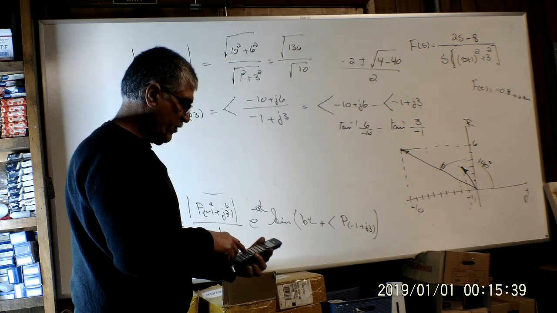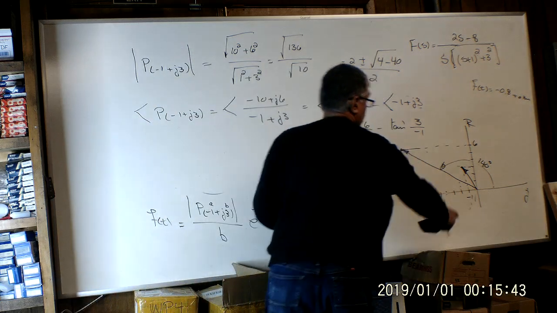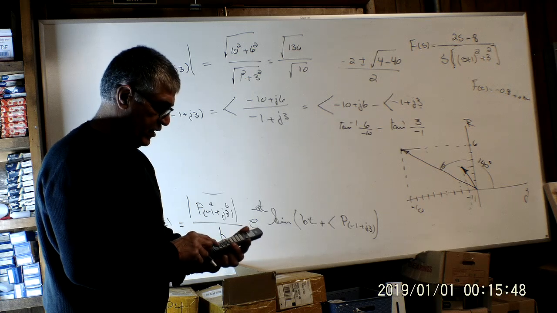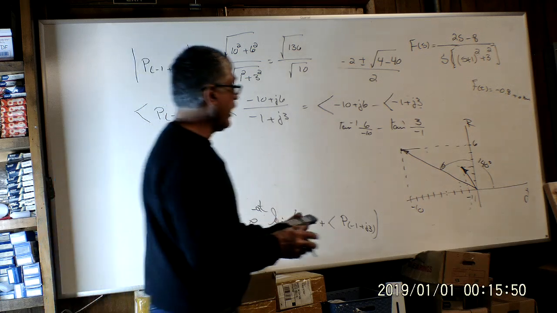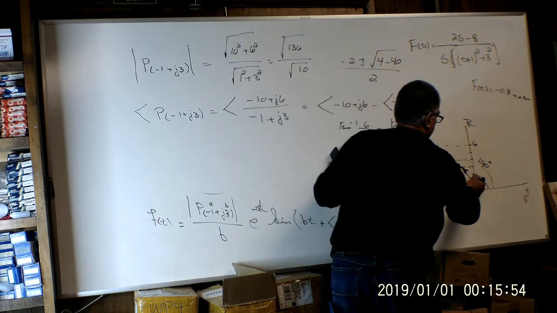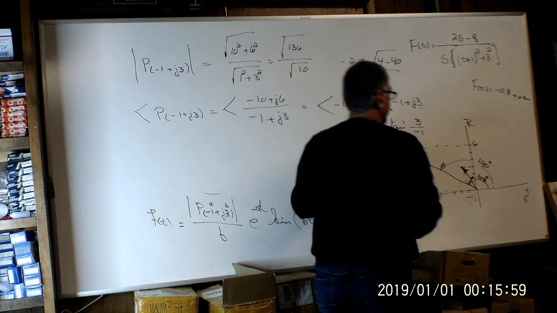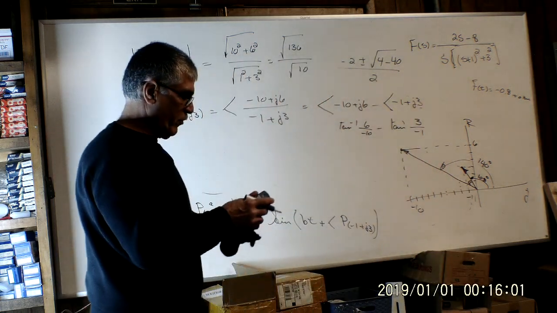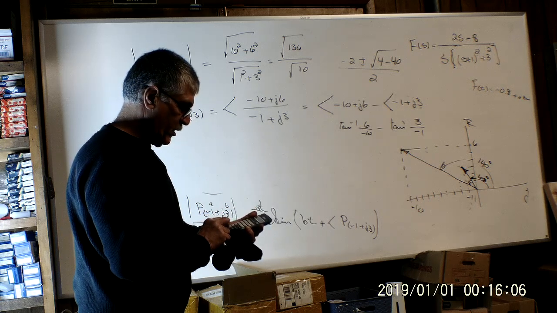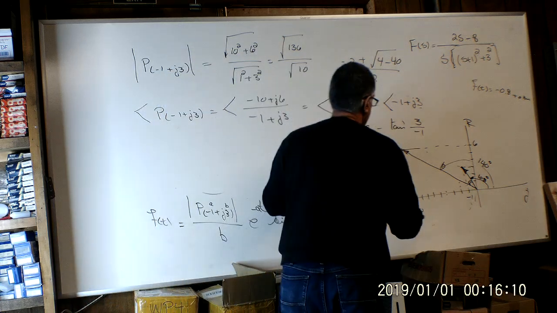Tangent inverse of that will be 71.56 from the imaginary axis. Minus 180 will be 108 degrees. So this will be 108 degrees. So this angle here will be 149 minus 108.